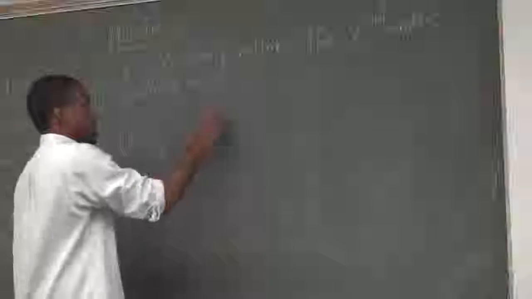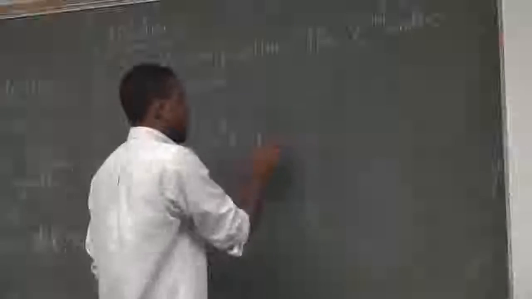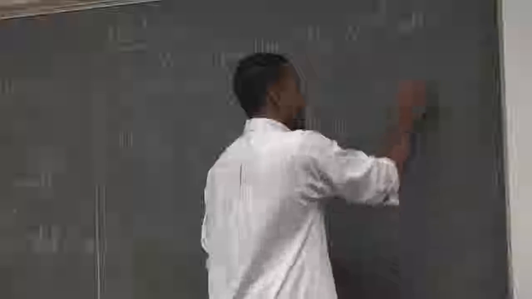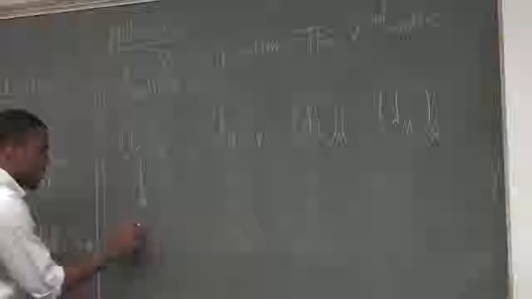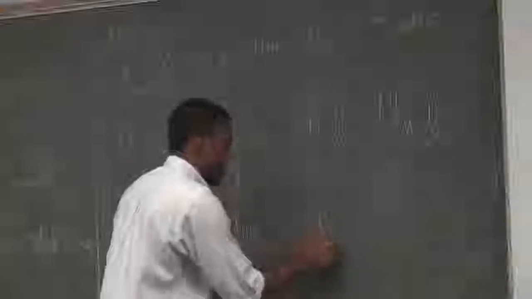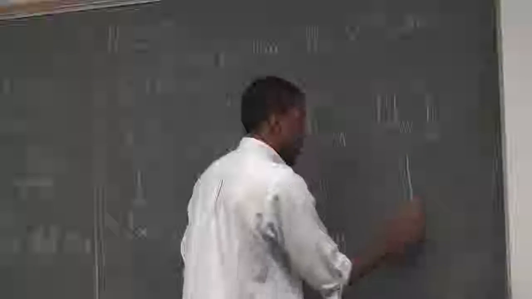Or you can take fy and differentiate with respect to y again. Then you can take fx, then differentiate with respect to y, or you can take fy, then differentiate with respect to x. If you're writing this as notation, you just write fxx, here you'd write fyy, here you'd write fxy, here you'd write fyx.